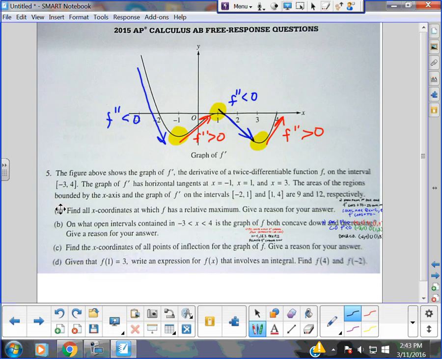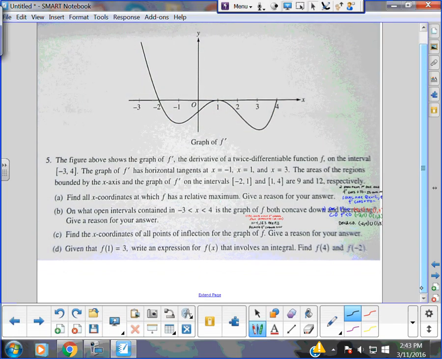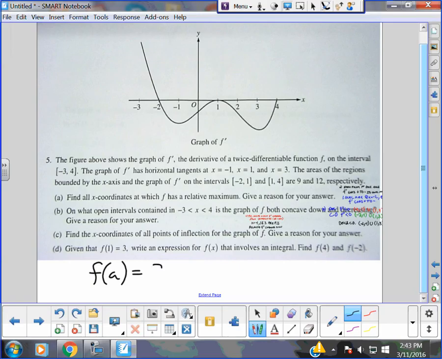We have to remember what the fundamental theorem of calculus states. If I want to find some f of x, I can do it starting at some initial condition, f of a, plus the integral from a to x, where x is to the right of a, of the derivative, f prime of t dt.